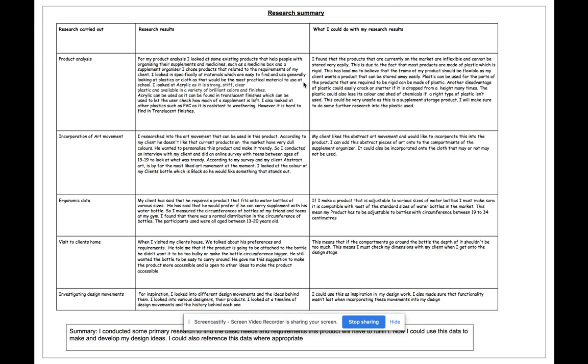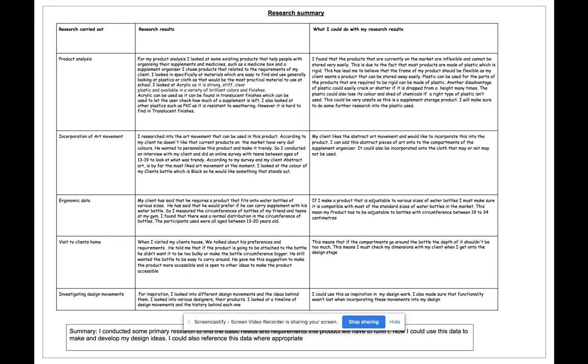After that, I just summarized my research. So in my product analysis, what did I do? Research on art movements, ergonomic data, visits to my client's house, and investigating design movements. This is a section where you really just summarize whatever you've done, how you're going to apply it to your NEA, and certain things that you have to keep in mind.